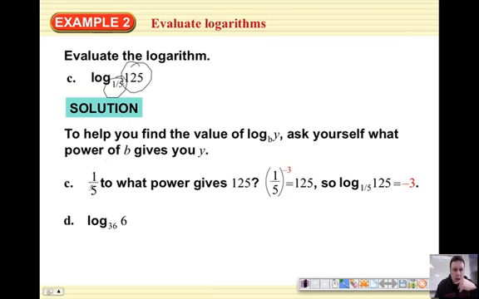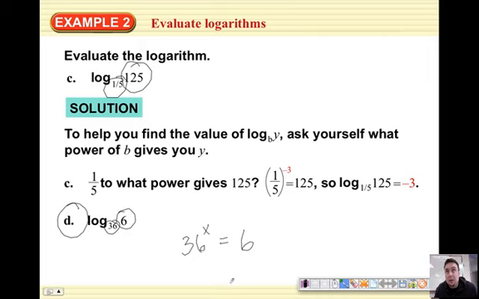Letter D, log base 36 of 6. This is a decent one too. So what does this really mean? In exponential form, 36 to the power of something gives you 6. Think about that: 36 to some power is 6.